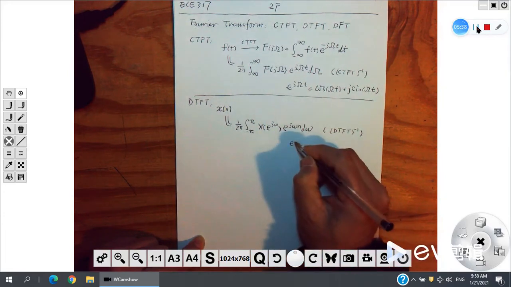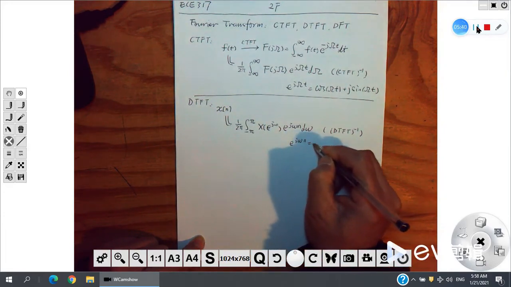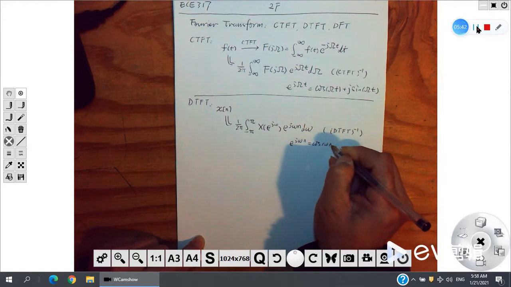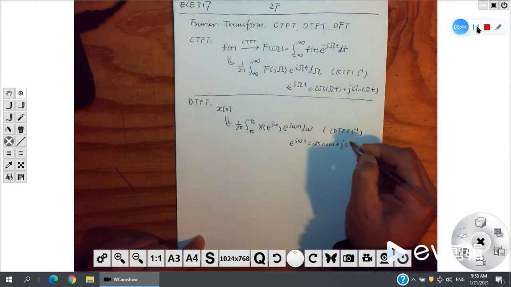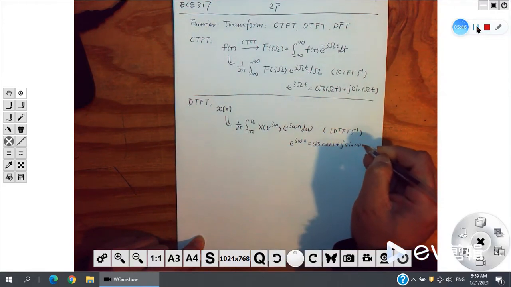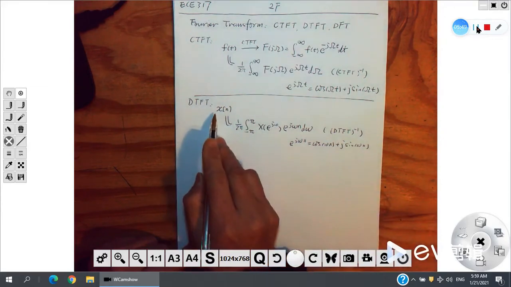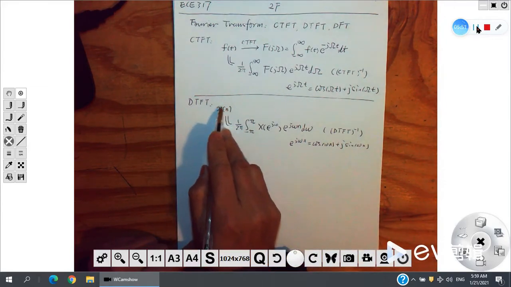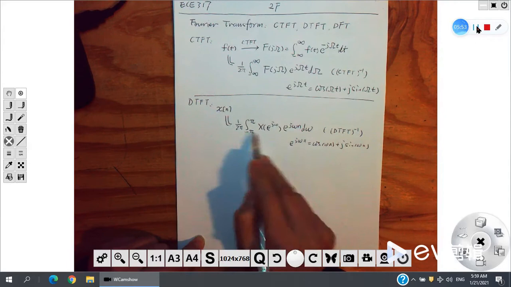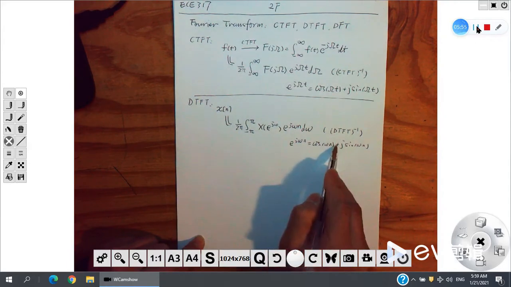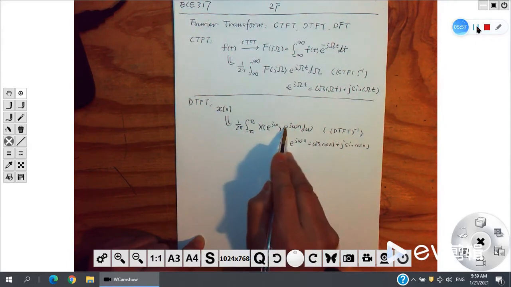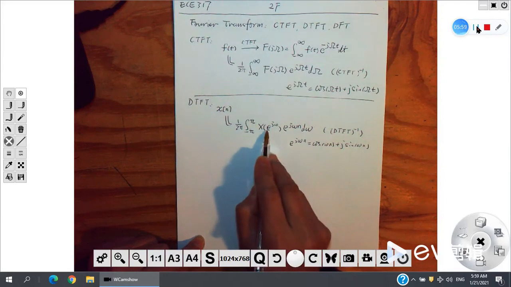Similar to that, e to the j omega n now is cosine of omega n plus j sine of omega n. It's a sinusoid. So you write the signal x as a mixture of some sinusoids, and each sinusoid has a weight. So what is this weight?